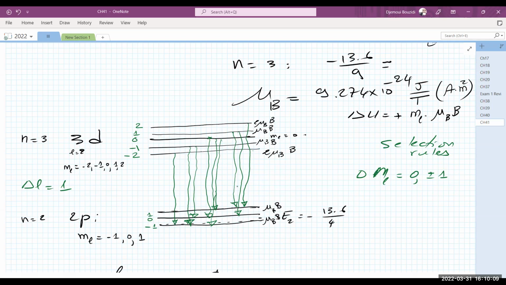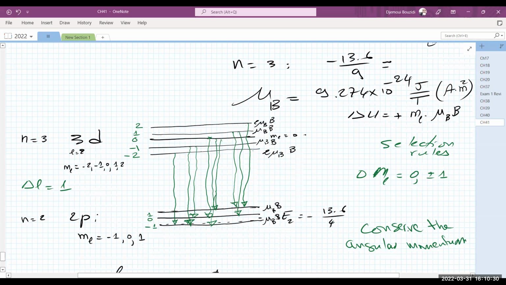So at the end of the day, not all possible transitions are acceptable. The only ones that are acceptable are the ones that conserve the angular momentum, because the outgoing photon will carry with it an angular momentum.